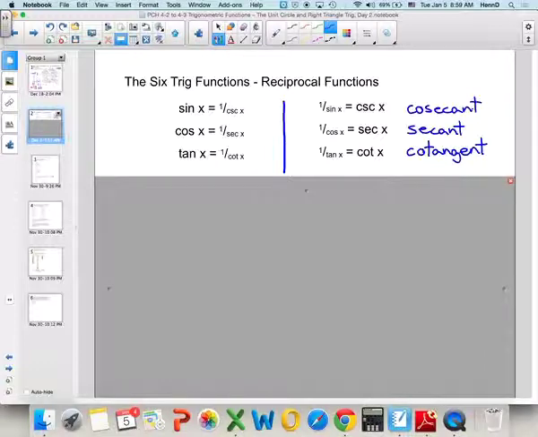You'll notice here, it's only one thing. I just stated it both directions. The reciprocal of sine is cosecant. Now, these are reciprocals of each other, so sine is the reciprocal of cosecant as well. It goes both ways.